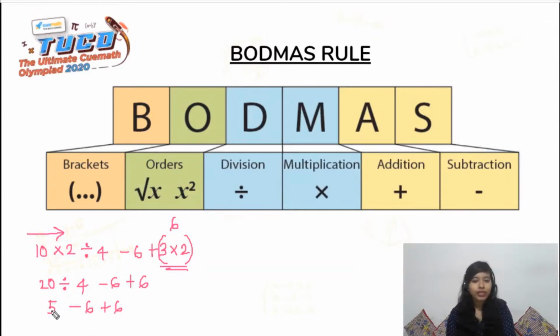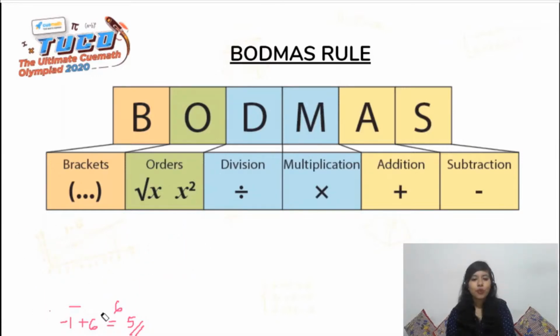Now 5 minus 6: going from left to right, subtraction happens first before addition. No worries, both are at the same priority. So you perform 5 minus 6, which is negative 1, plus 6, and that gives us 5 as the answer. I hope the example was clear to understand the BODMAS rule.